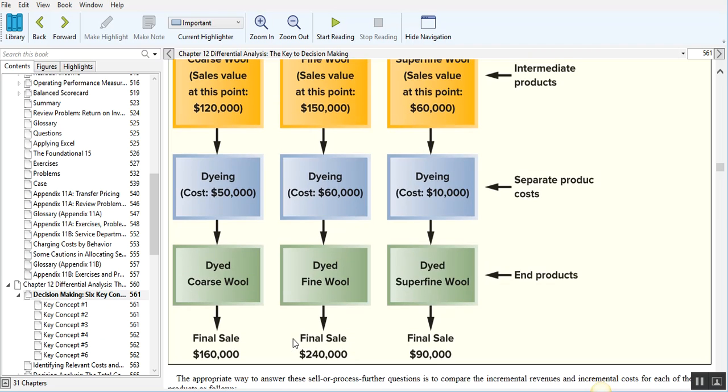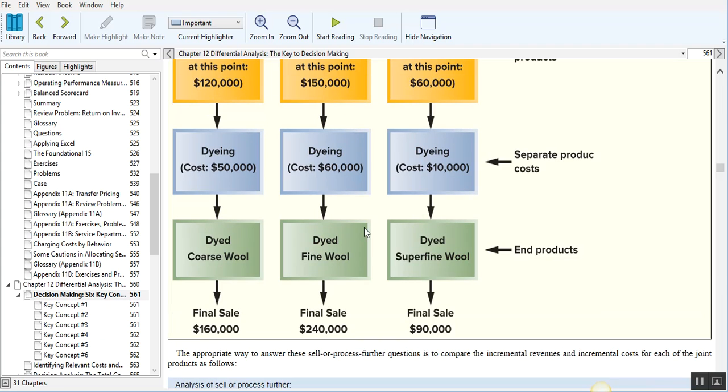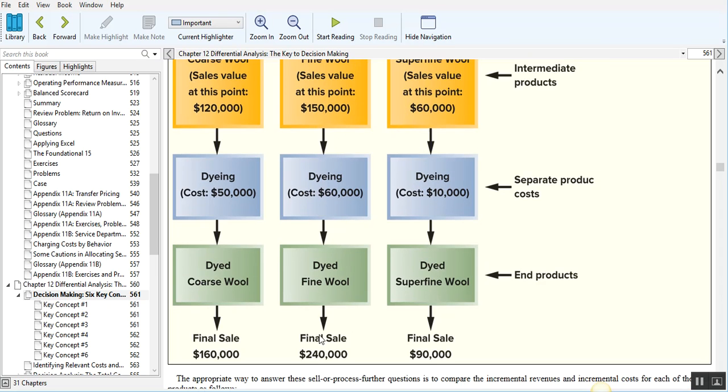So in other words, it may not pay to continue to process the coarse wool because we have 120,000 in it here, an additional 50,000, but we sell it for 160. Here it's clear that we have 150 and 60,000 in this, but we can sell it for 240, so that makes perfect sense to process it.